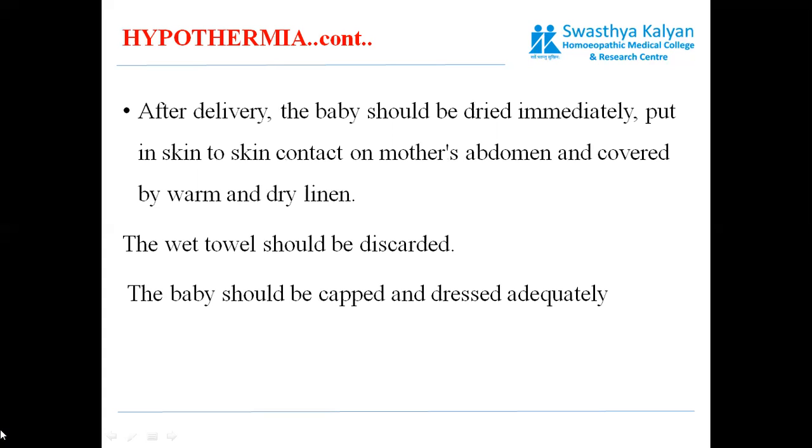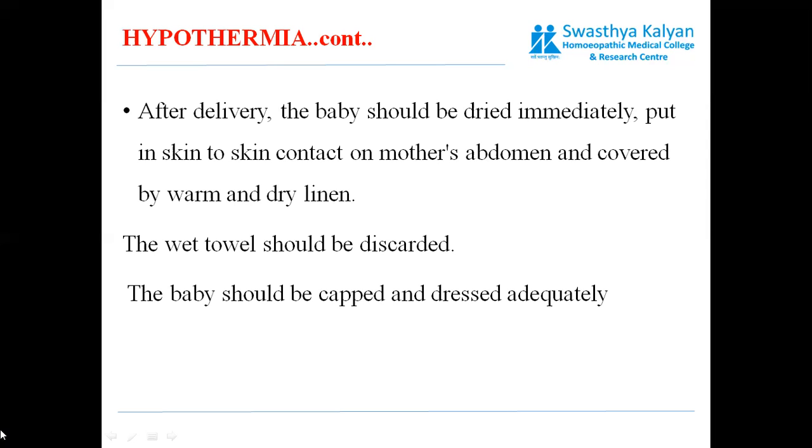The wet towel should be discarded. Any wet towel which is in contact with the baby's body should be discarded immediately. So immediately after birth, the baby should be dried and put in skin to skin contact with the mother and covered with warm and dry linen.